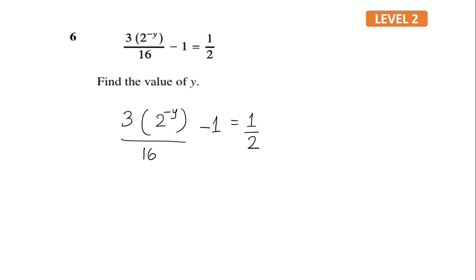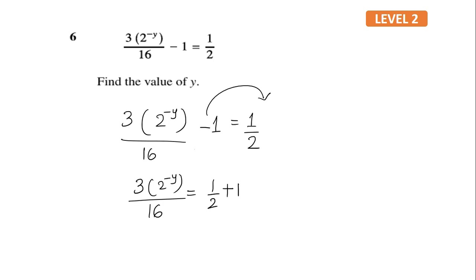Try to make 2 to the power of minus y as the subject. So try removing the terms one by one. So first I'll shift this negative 1 to the other side. So I have 2 to the power minus y over 16 equal to 1 over 2 plus 1.